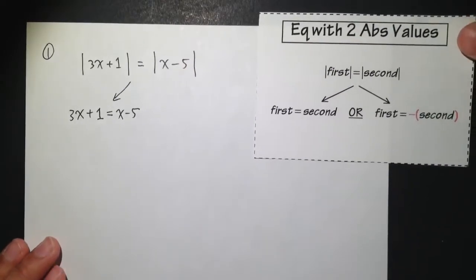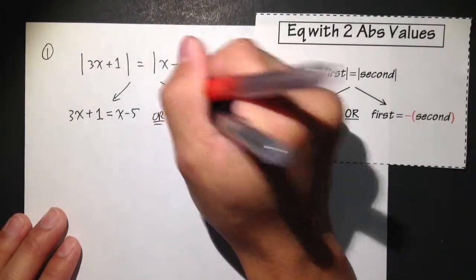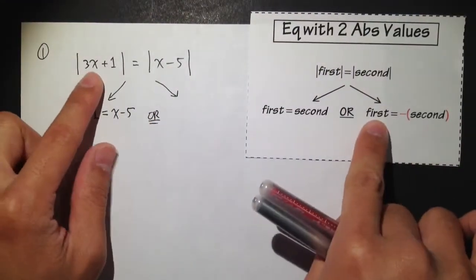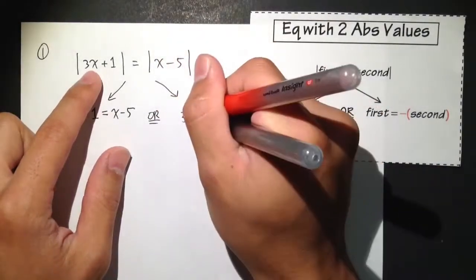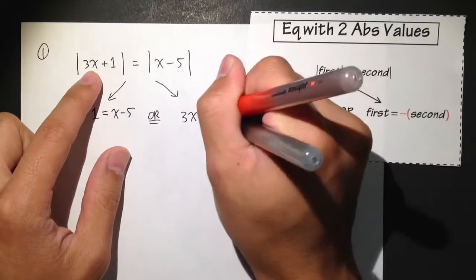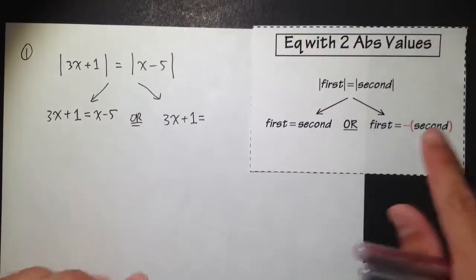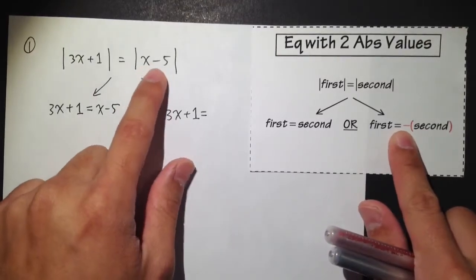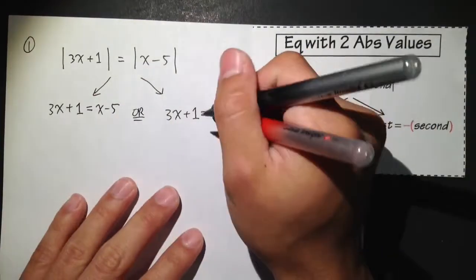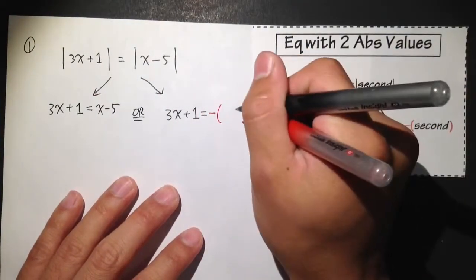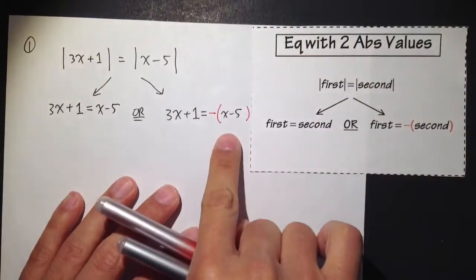Then the second equation. Again, the inside of the first will be the same, so 3x plus 1, nothing changed. But in this case, I want to put a negative in front of the inside of the second absolute value. So I'm going to put a negative and then use parentheses, and then I put the x minus 5 inside of that parentheses.